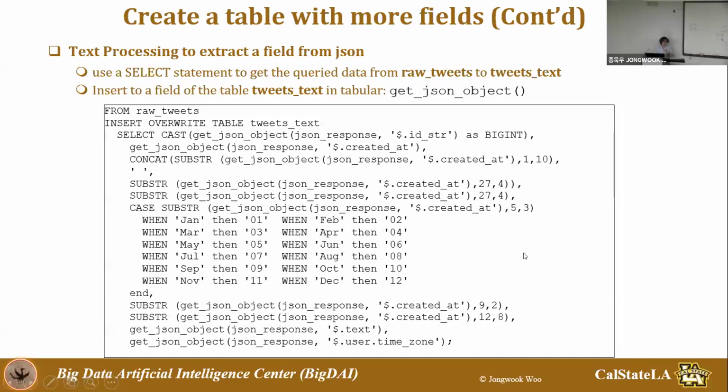This is very simple, but anyone who is lost, can you guys follow me? Yes. Yeah, you want to find out 27th character from this string, 4 characters, including the 27th character.